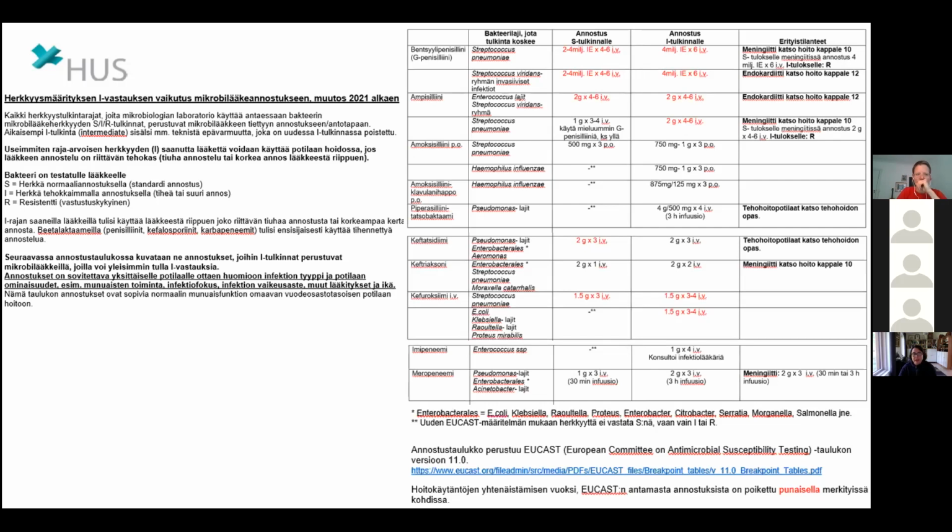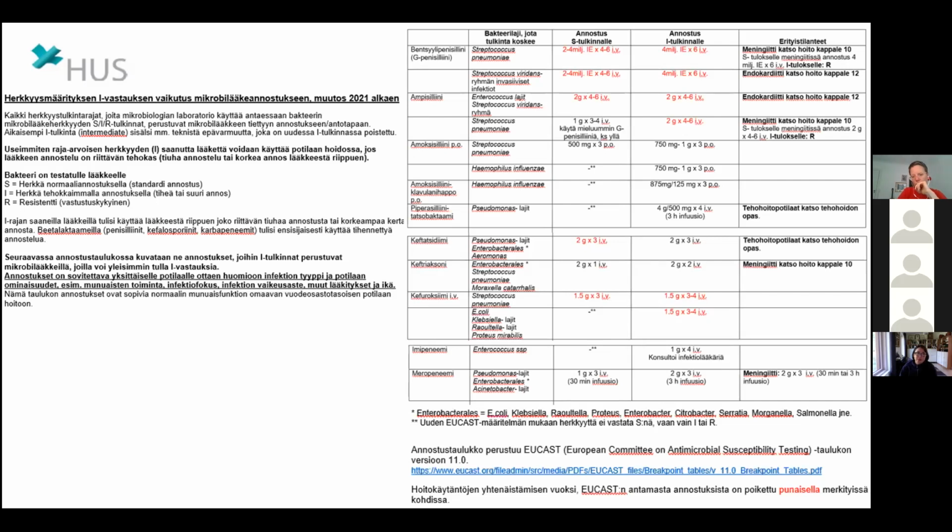I, and R. And we have a chapter there which says that you have to consider each patient individually, and take into account that there could be differences between patients depending on renal function, infection sites, or severity of infections and so on.